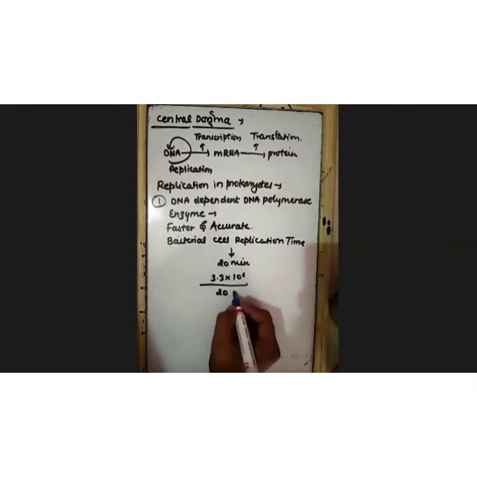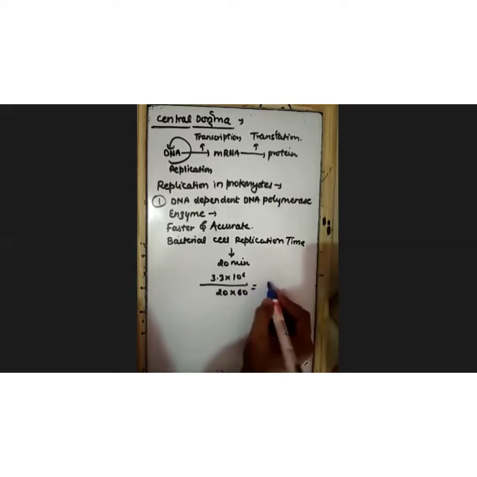If we convert into seconds, we get 2000 base pairs per second. So the DNA dependent DNA polymerase enzyme polymerizes the nitrogen bases at the speed of 2000 base pairs per second.